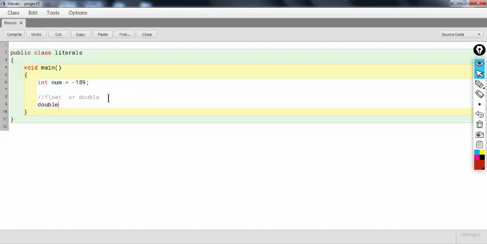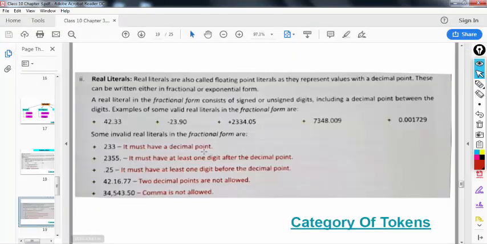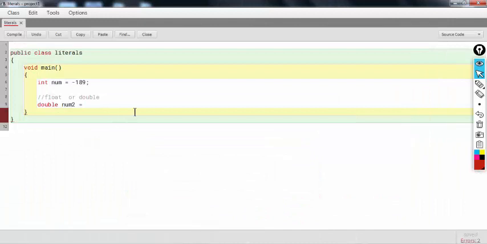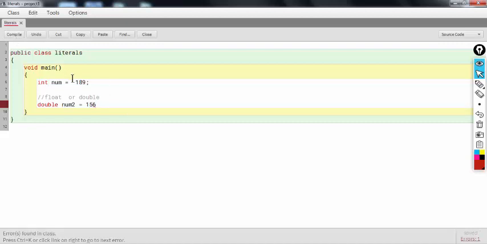For the moment, we'll just create a double variable, okay, and let us name it as num2. So double num2, okay, and num2 will store our decimal value. So what was the first point? The first point was it must have a decimal point. That is, if I write 156, even if you write 156, okay, and you compile it, it will not cause any... Oh, I missed a semicolon here.